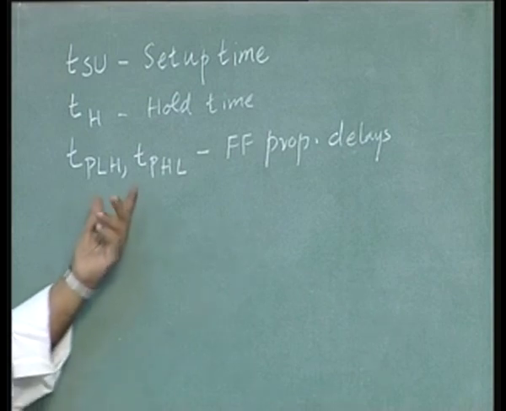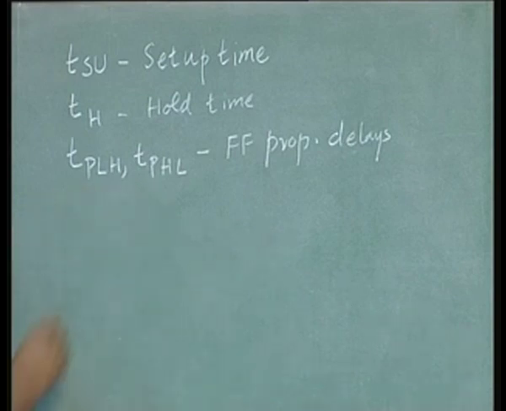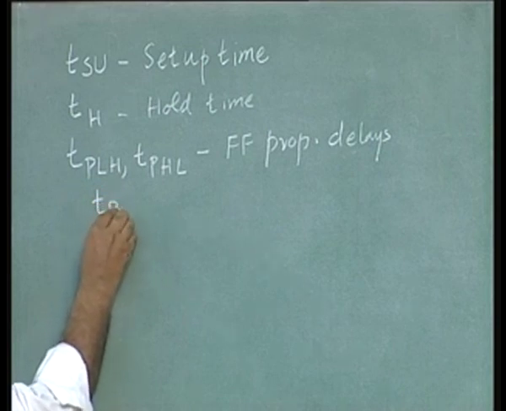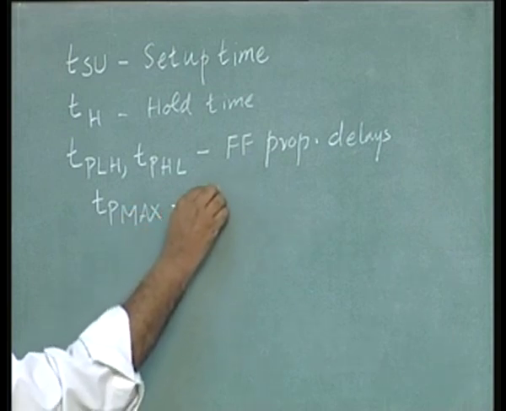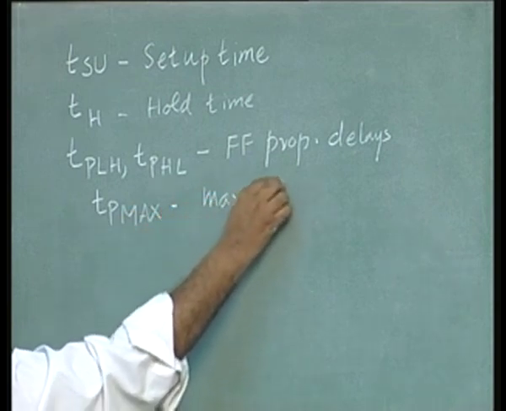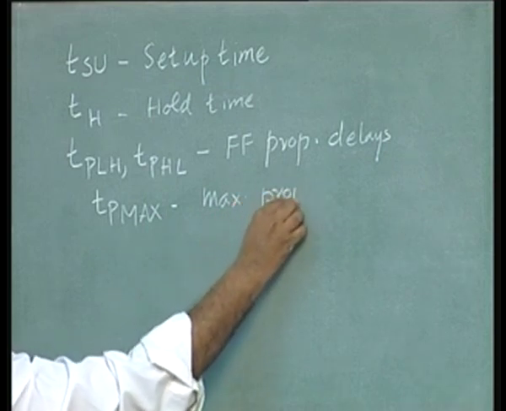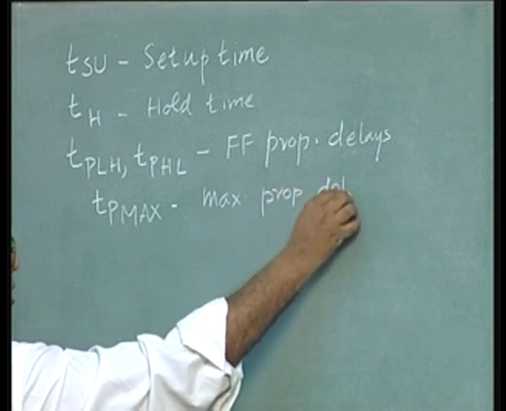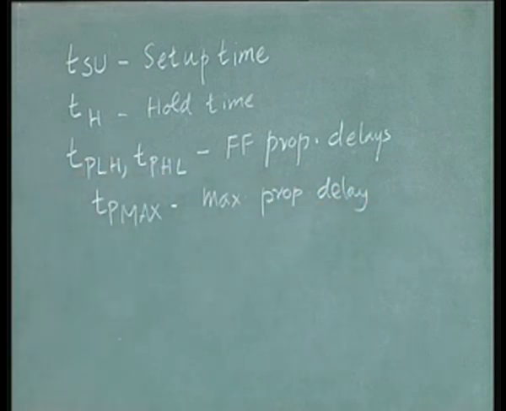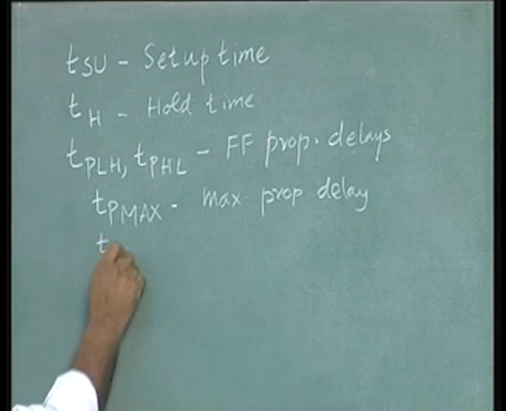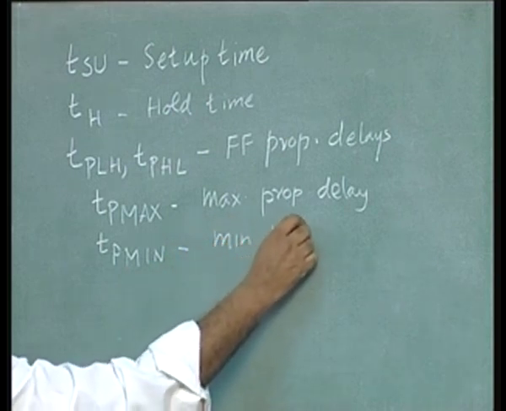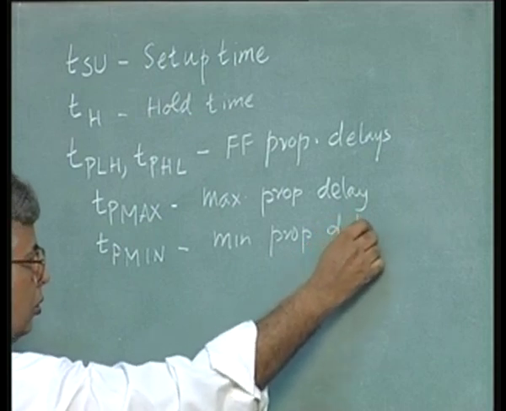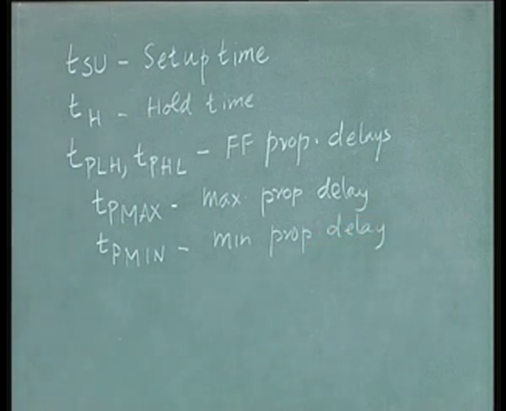Usually we take the average of these two as the typical value, but I am going to define TP max as the maximum propagation delay, which is the larger of these two numbers, and TP min as the minimum propagation delay, which is the smaller of these two numbers.